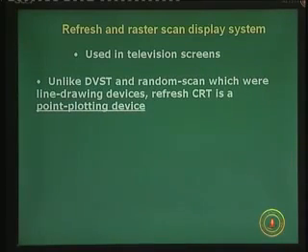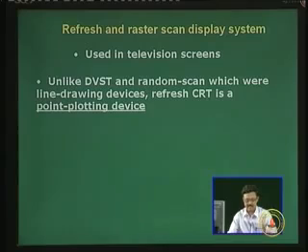Unlike the DVST and random scan display systems, which were essentially line drawing devices, as we discussed at length in the last lecture, a refresh CRT or raster CRT is essentially a point plotting device. So, we are essentially putting points on the screen now rather than drawing lines, and how this is performed on the screen, we will go through in this lecture.